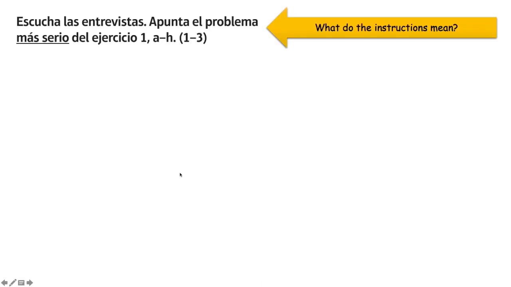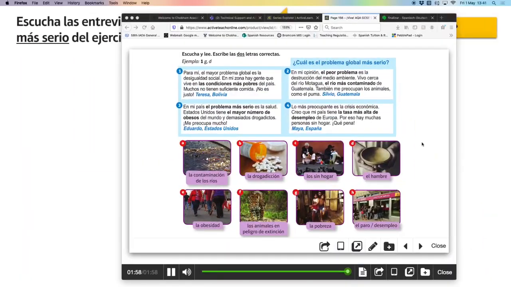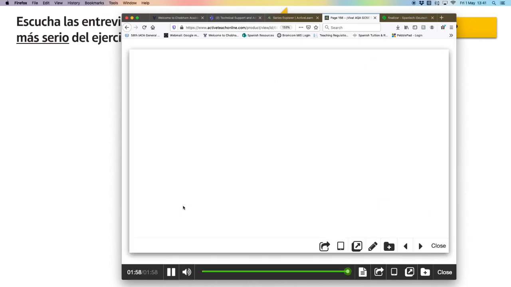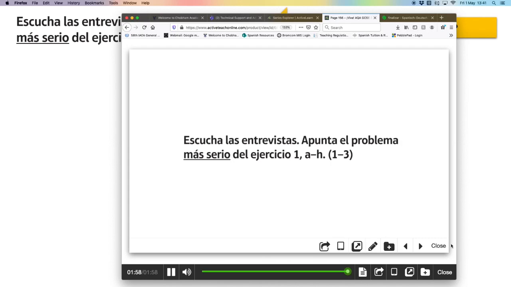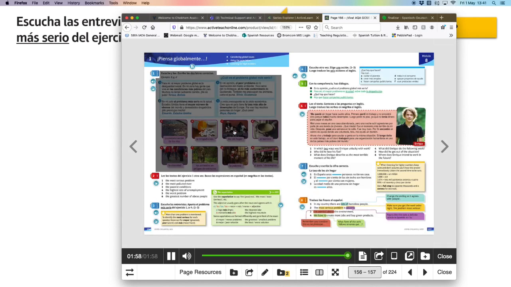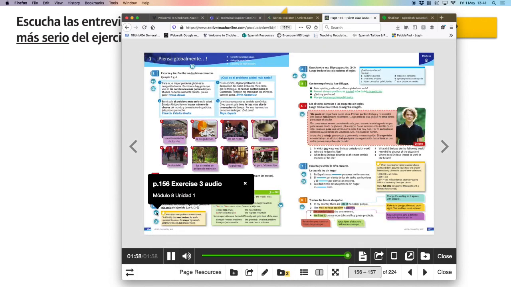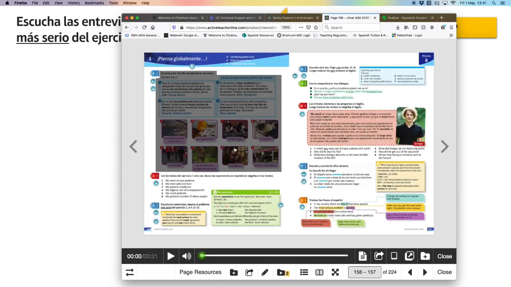Right, okay, so we are going to do a listening now. We are going to listen to 3 people, and what you want to do is to write down the most serious problem. What we need to do, we're going to listen to it once.